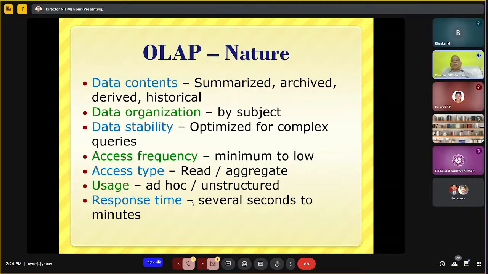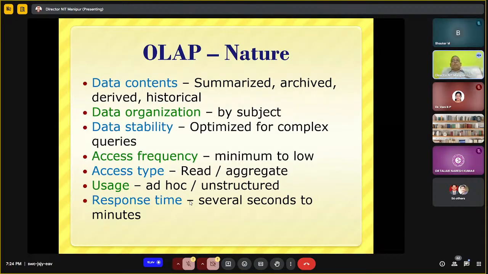Then organization. Organization-wise, the data is organized by subject headings: customer, time, accounts, students, teacher, etc. These are summary subjects, right? Then stability: how tightly you have stored the data in a data warehouse. OLAP data is highly stable for running queries as quickly as possible.